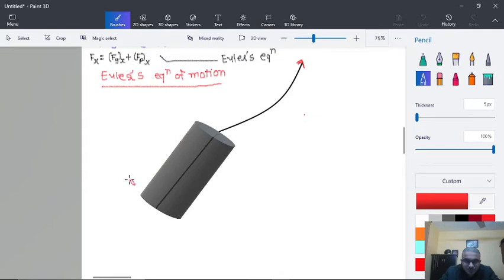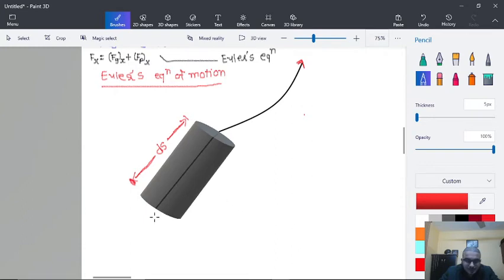Let's first say that this is the length of the cylindrical element, here it is ds.